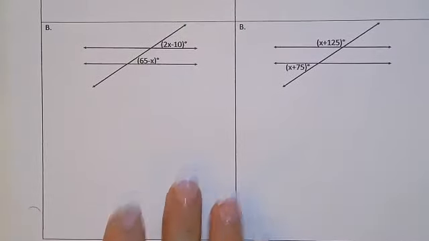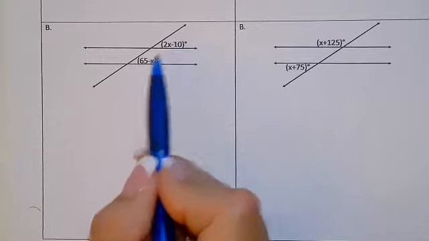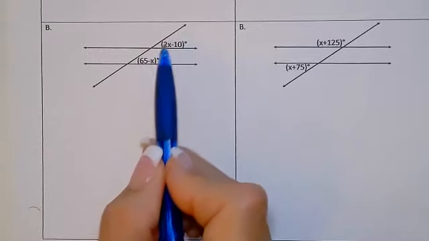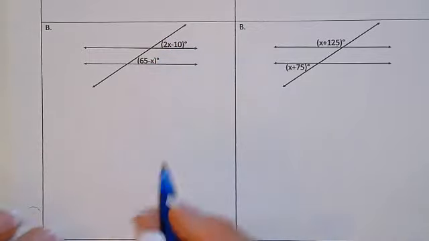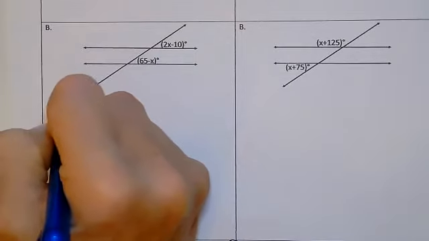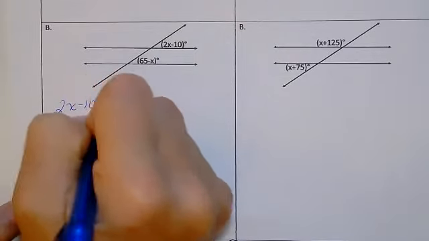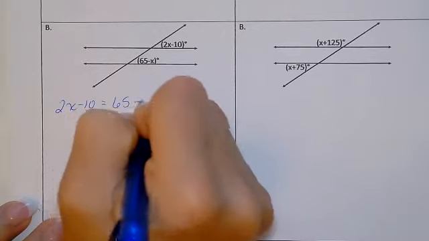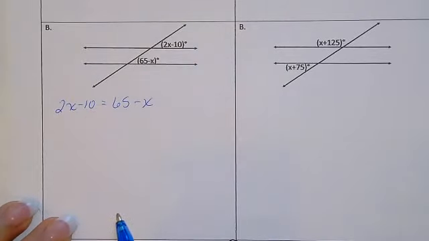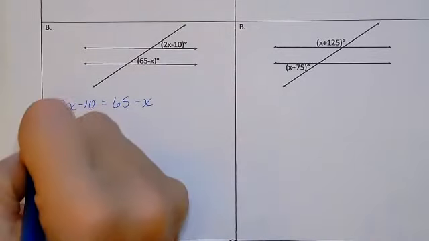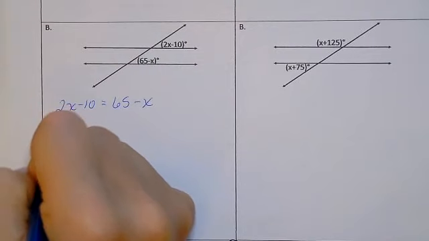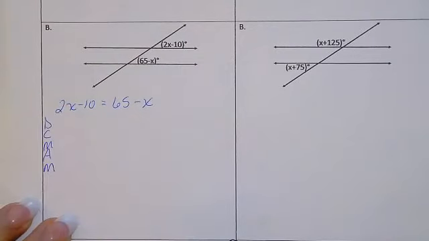Okay, let's do B. These are both acute, so that means that they are equal to each other. 2x minus 10 equals 65 minus x. Make my checklist.